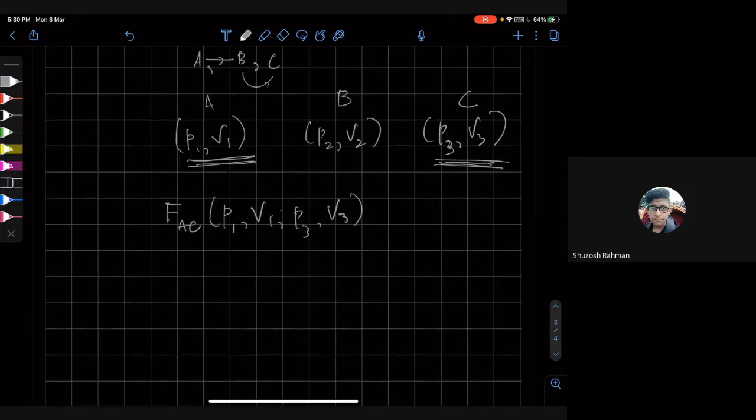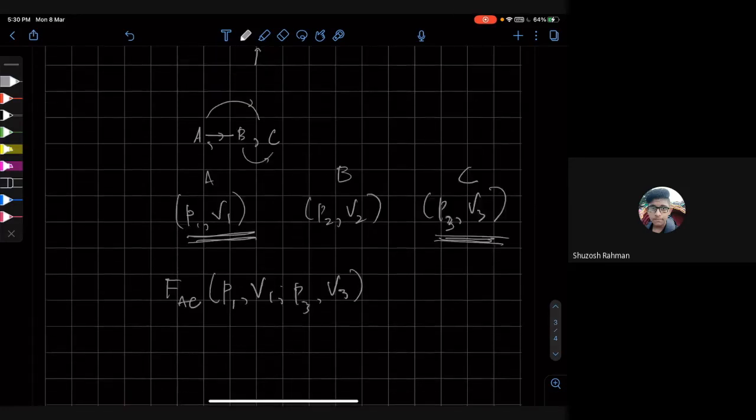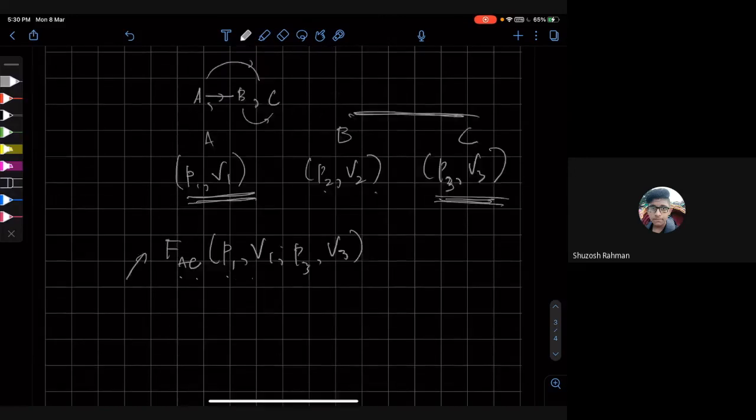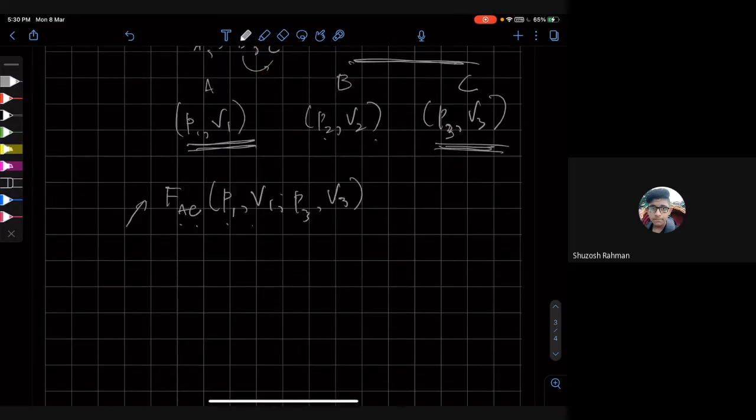And there must also be the same function, but with B and C, and P2 V2 replacing P1 V1, because these two are in thermal equilibrium. This relationship allowed us to invert and express V3 as a function of everything else, right?